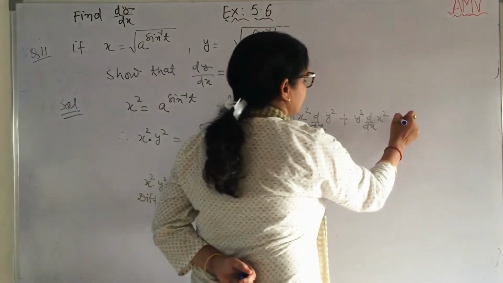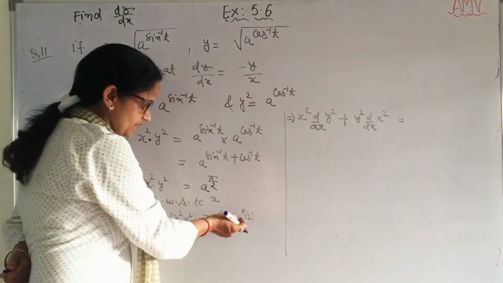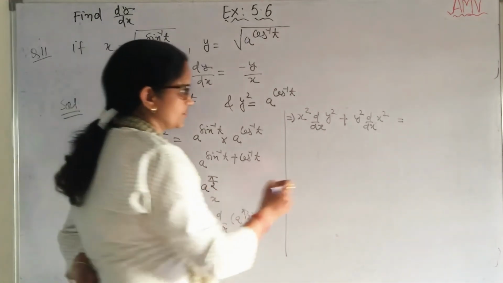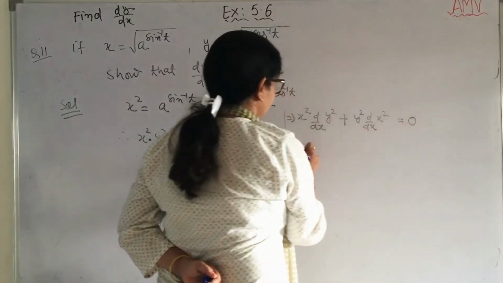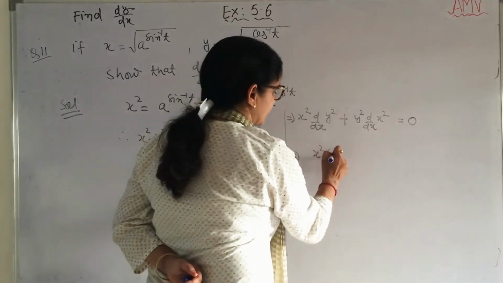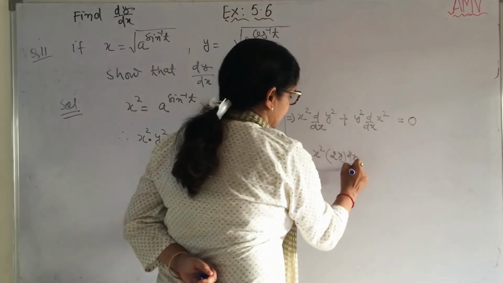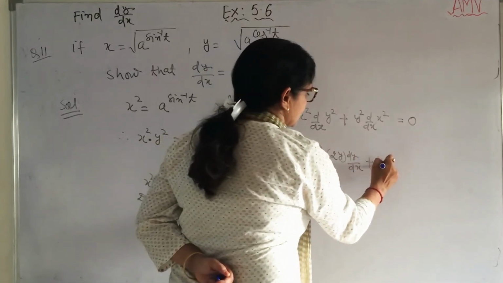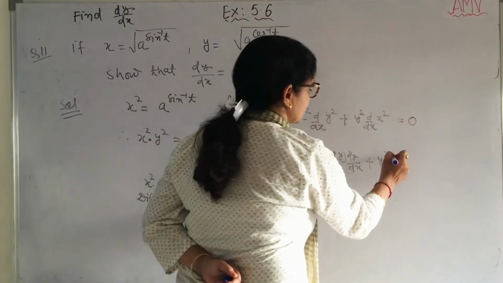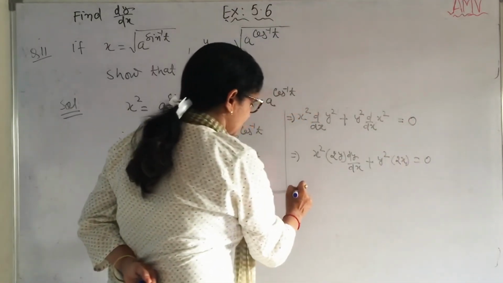And on the right hand side, derivative of a power pi by 2 is 0. Now x square, derivative of y square, it is 2y dy by dx. Plus y square, derivative of x square, it's 2x, is equal to 0.